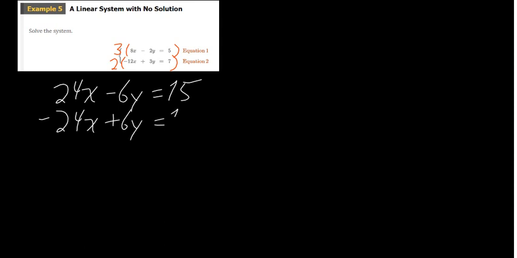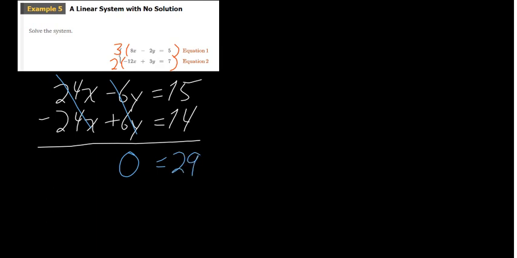That's equal to 14. I say ooh because hopefully you see it as well. All right, looks like this cancels and this cancels, so I get a 0 over here, and it's equal to 29. Okay, we know that 0 does indeed not equal 29, right? So that's a false statement. So this is a linear system with no solution. Okay, these two lines are parallel.